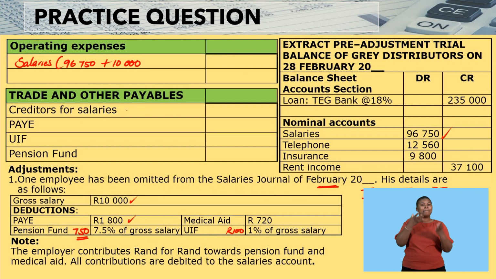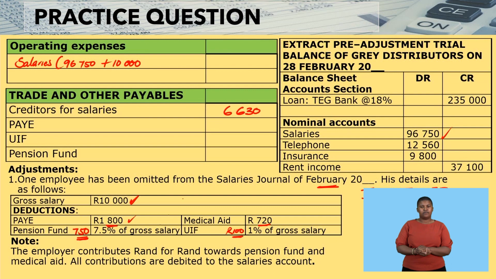So for me to get creditors for salaries, I would say 10,000 minus 1,800 minus 750 minus 720 minus 100. In total, if you punch that in the calculator, you should get an amount of 6,630. That becomes your creditors for salaries.